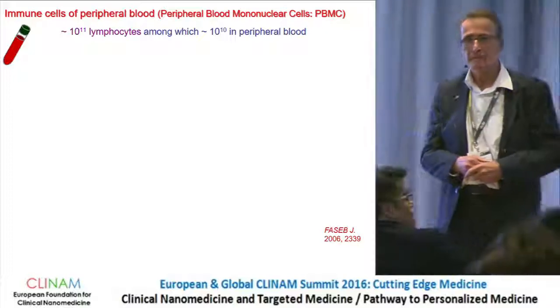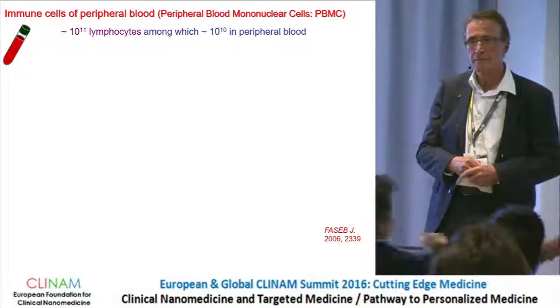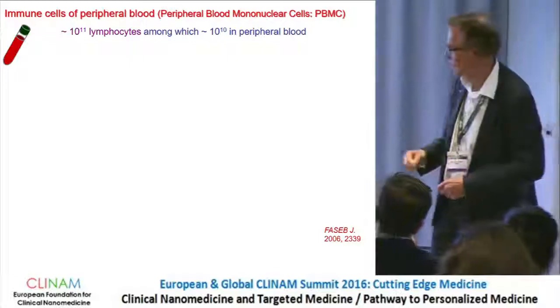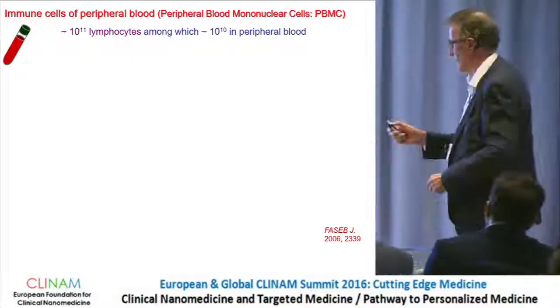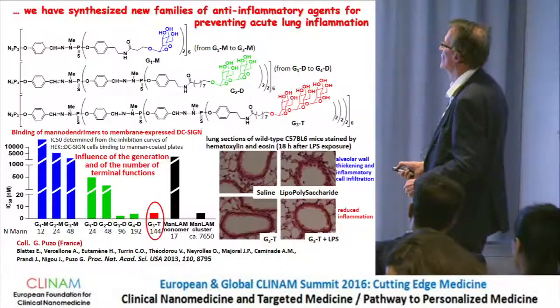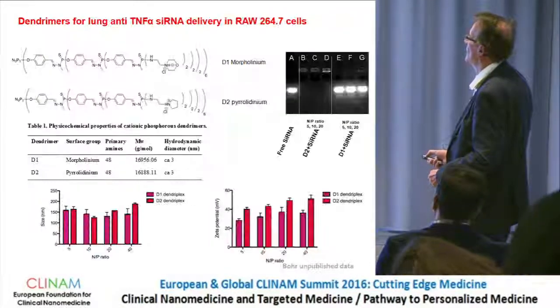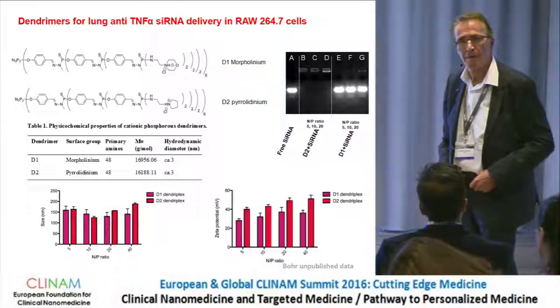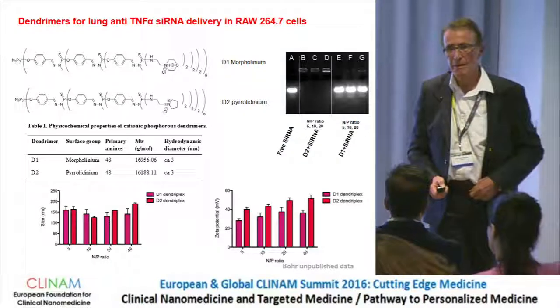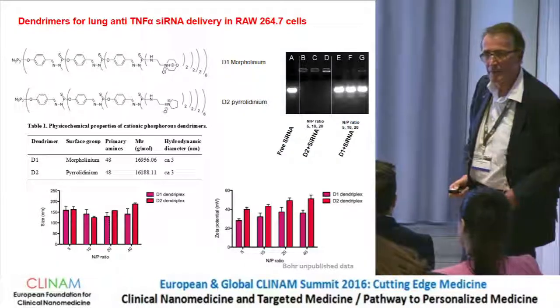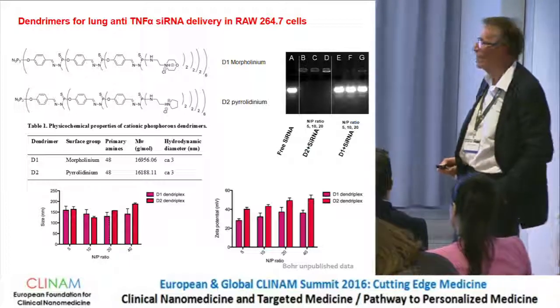Hi, very nice talk. Can I go back to your siRNA dendrimer complex? You mentioned you went in vivo into mice, and I presume that was intravenous delivery. Can I ask if you found any differences or any changes in the liver, knowing that the liver has high tropism for dendrimers?